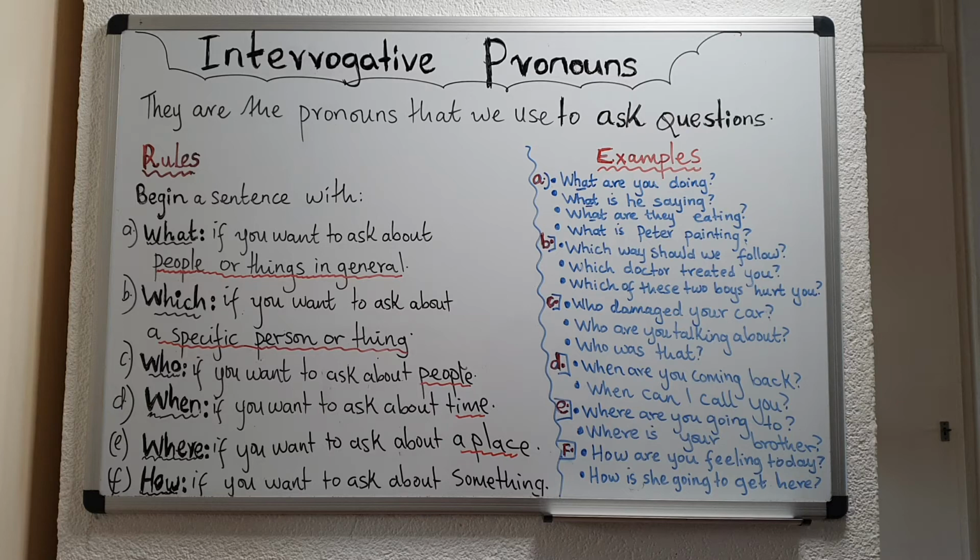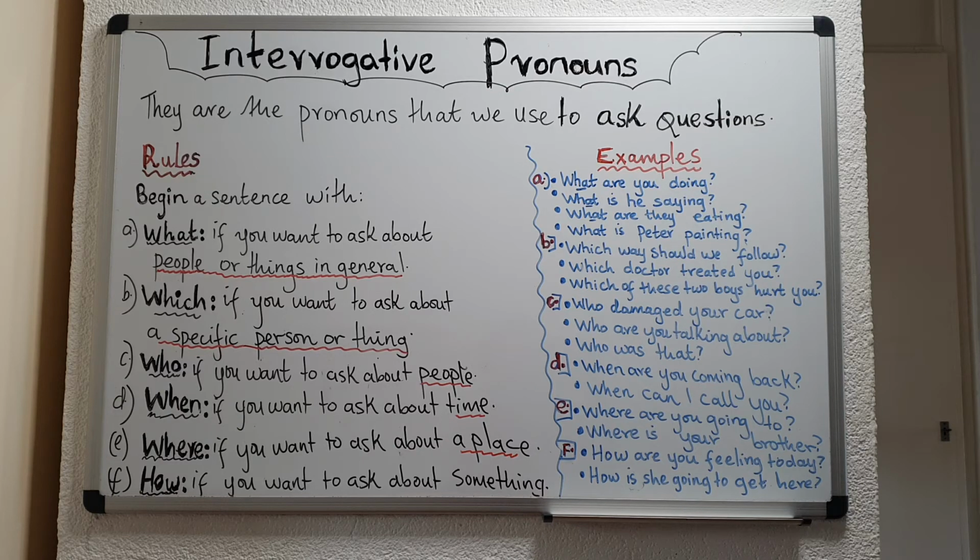And you as a parent, you want to know exactly which boy hurt your son or your daughter. So you ask, which of these 2 boys hurt you? So you're asking about a very specific person, which specific boy. Okay? So if you want to ask about a specific person or thing, begin your question with which.